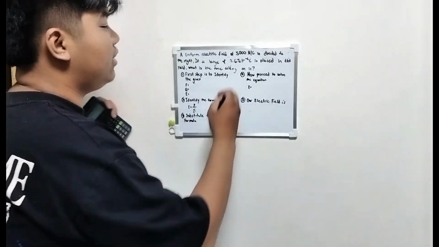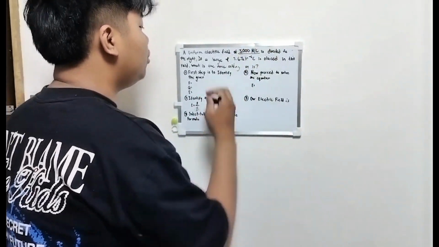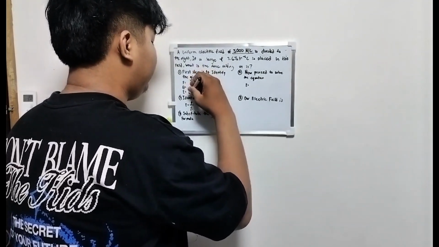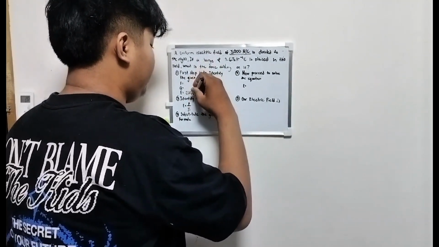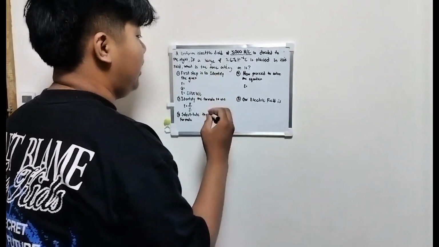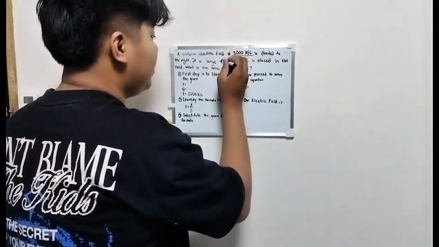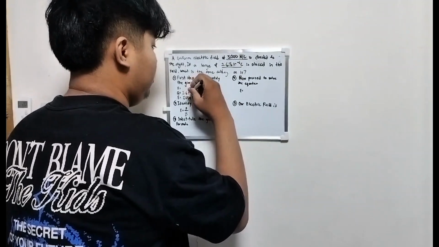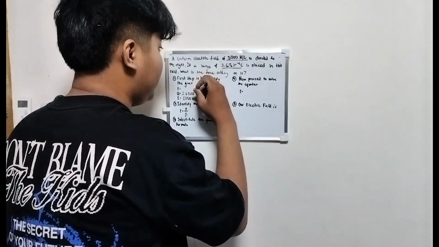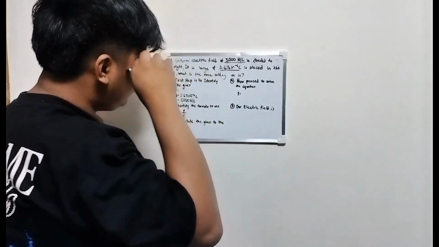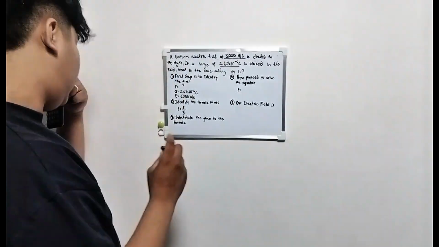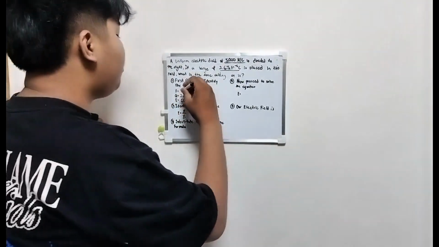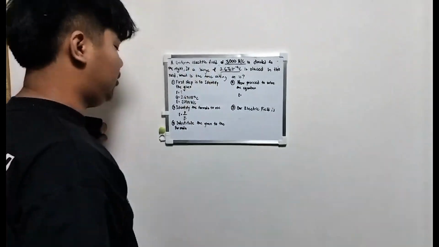The given here is 5,000 newtons per coulomb for our electric field, and 2.67 times 10 raised to negative 6 coulomb for our charge. So, what is missing, or required, is our electric force.